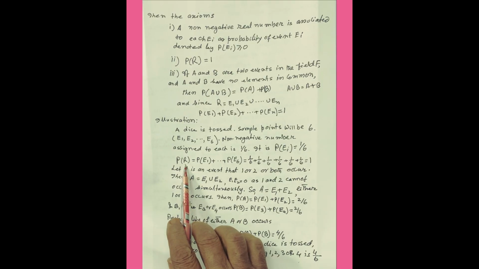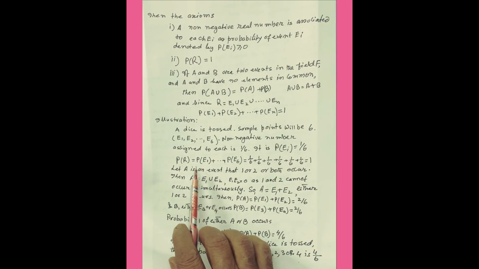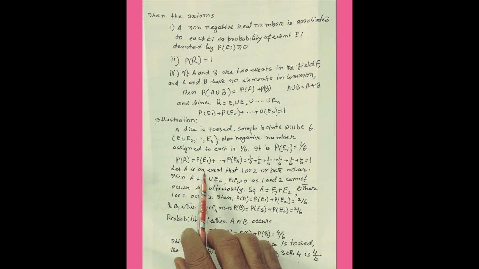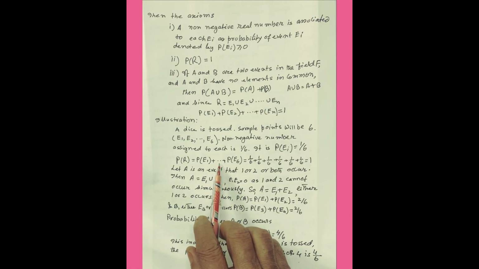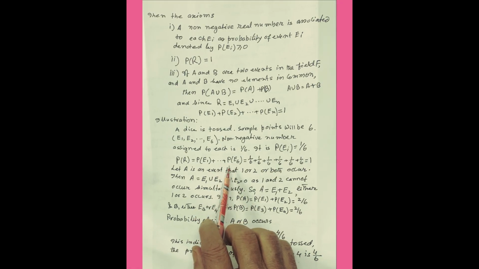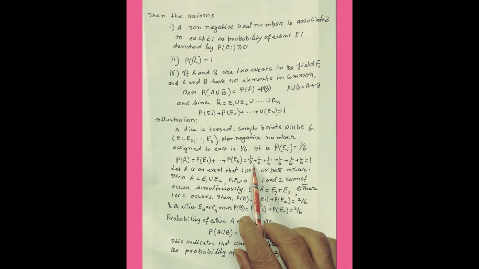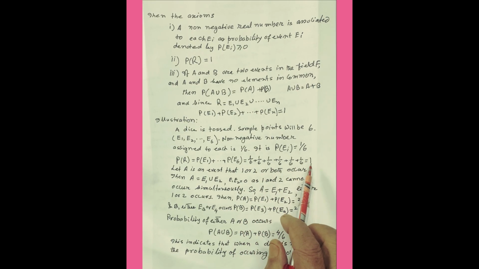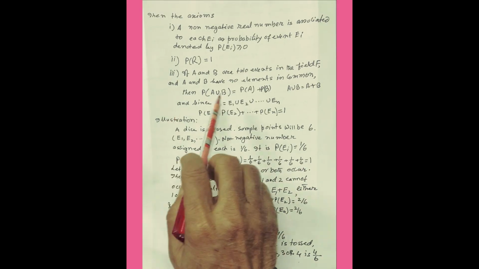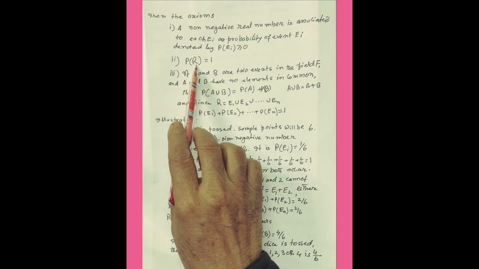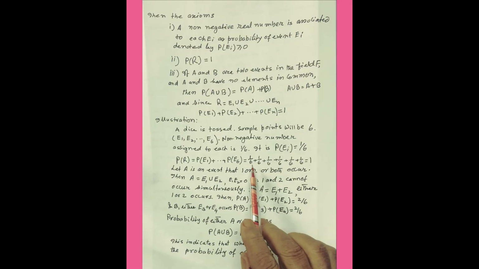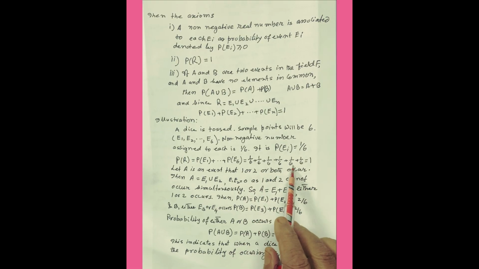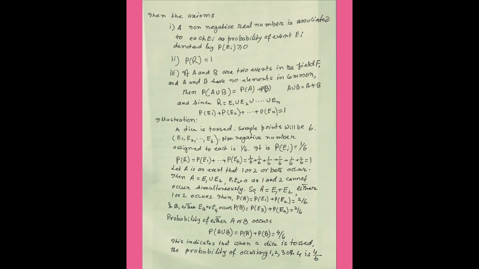Then the total probability is equal to P(E1) plus P(E2) and so on up to P(E6), which is 1 by 6 plus 1 by 6 and so on, equal to 1. So we have seen that the total probability of R is equal to 1.